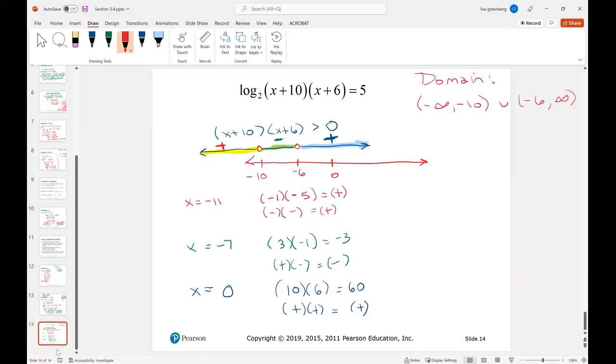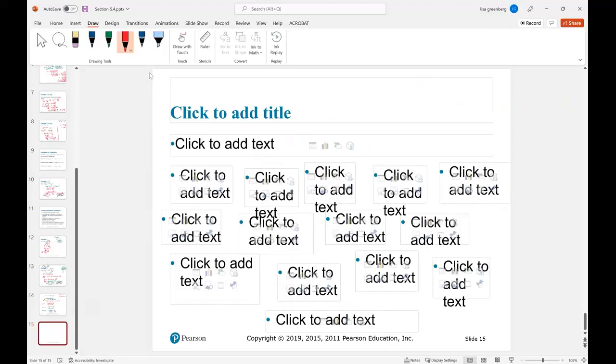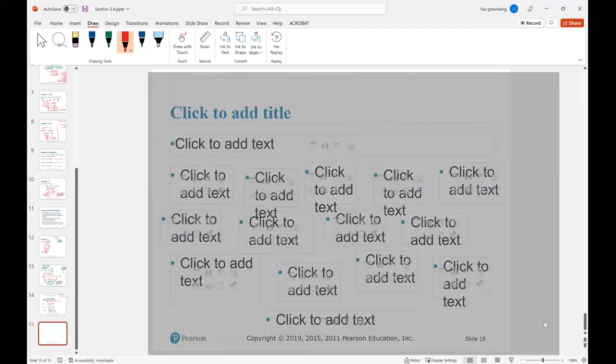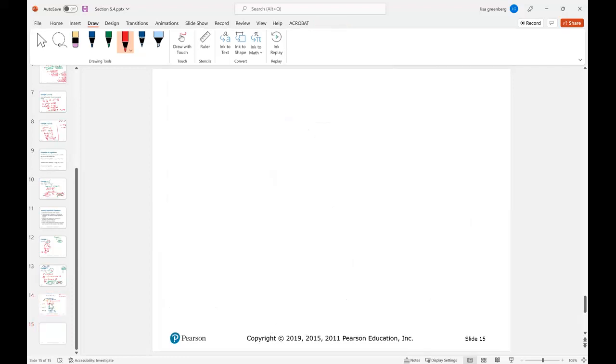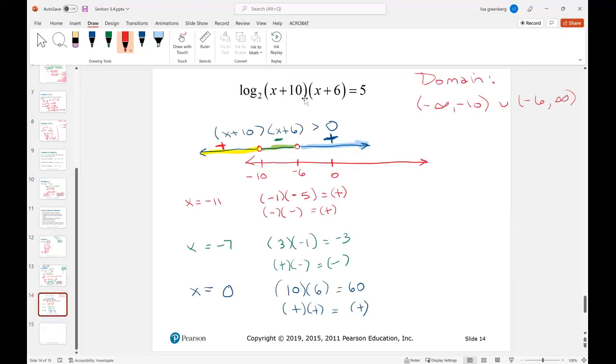So the other way, if you understand this way, this is the way I would probably do it for at least things like this, where we have a quadratic, because when I multiply that together, I'm going to get a quadratic equation. So let's copy this to the next slide.